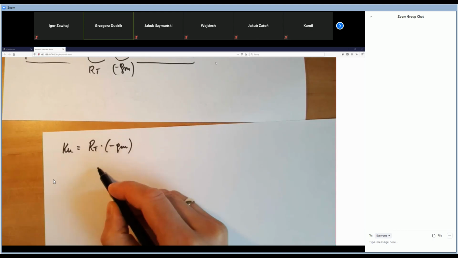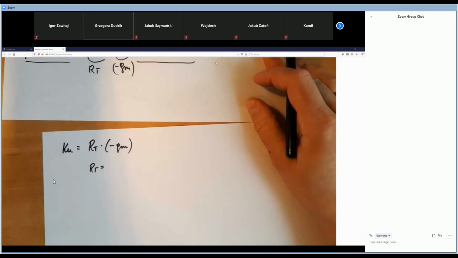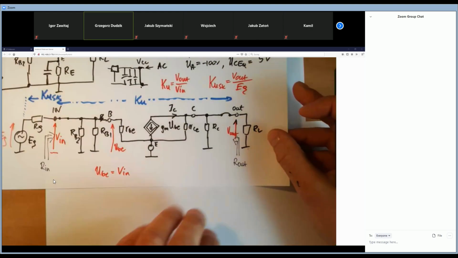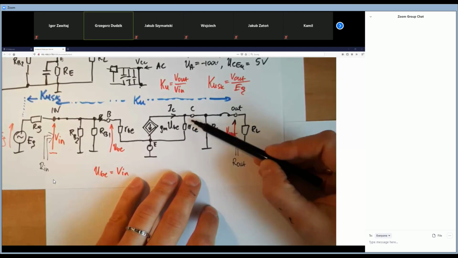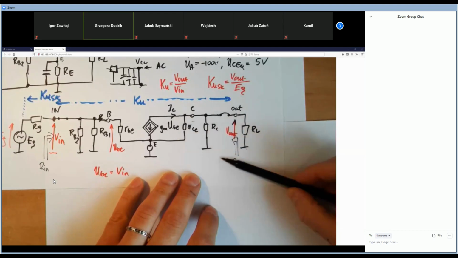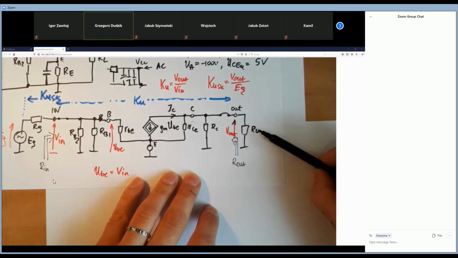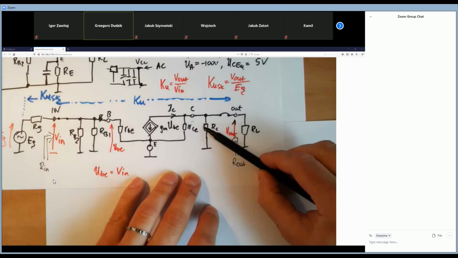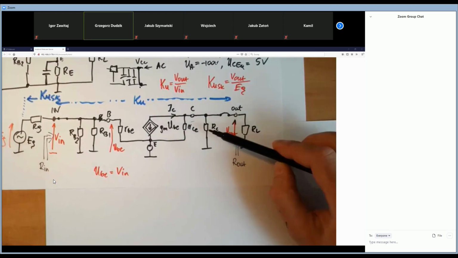Let's come back to our circuit. RT is the total output resistance which takes into account the load resistance. So this is the parallel connection between these three resistances: RCE, RC, and RL.